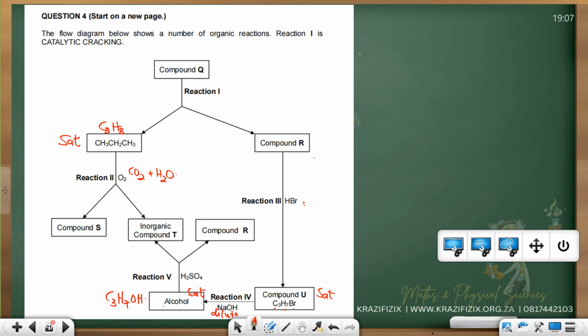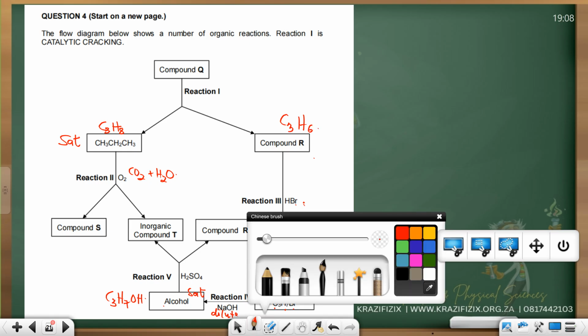HBr. All right. So basically, we are replacing that hydrogen there. So this would be what? C3H what? Is it 7 or 8? No, stop lying. It's 6.